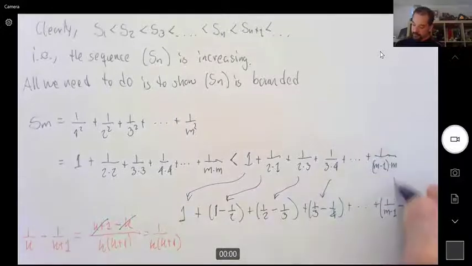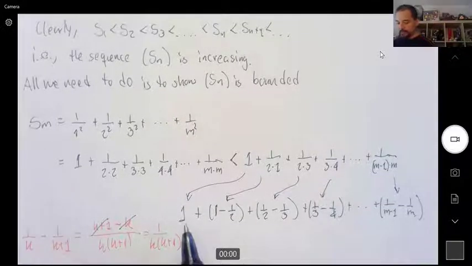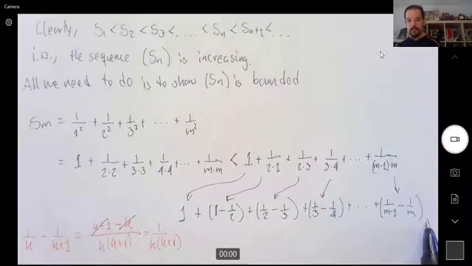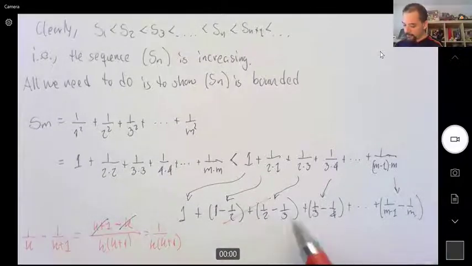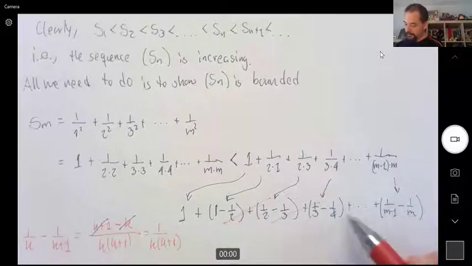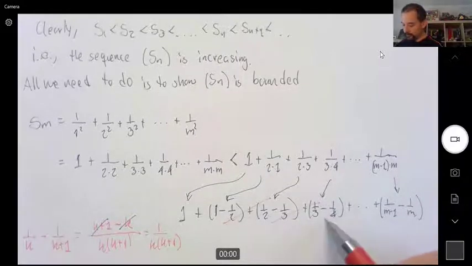And this is awesome, because when I add them up here, it's super easy. A lot of things cancel. Look, right here: negative a half with positive a half. Negative a third with positive a third go away. Negative 1/4 with the next one that you don't see because I have dot, dot, dot, but this one goes away.